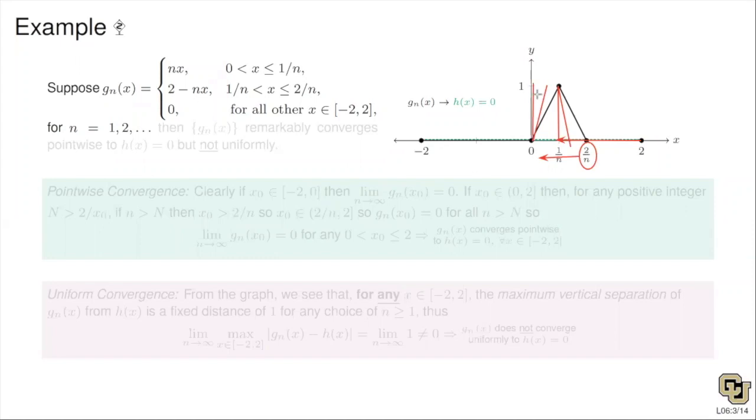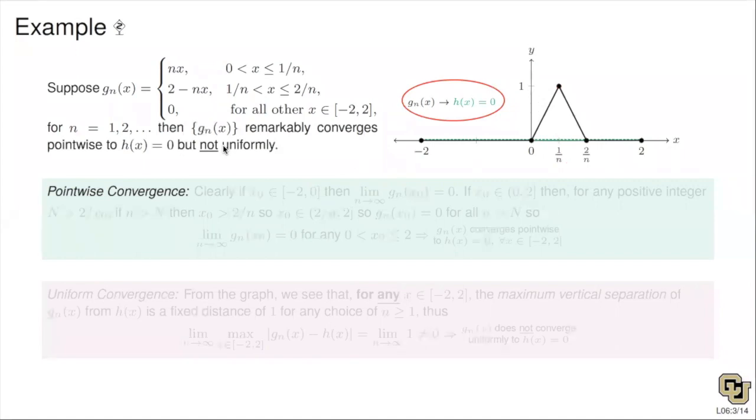When it converges, you'll just have a solid line, completely equal to 0. Here, we can show the function converges pointwise to 0, but it does not converge uniformly to 0.